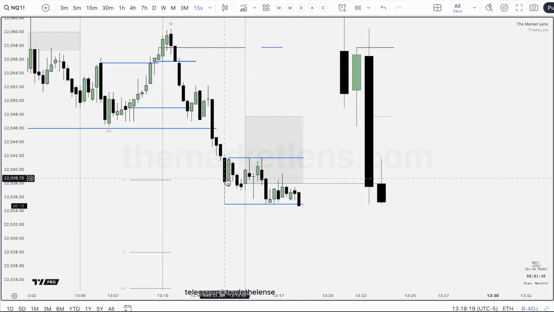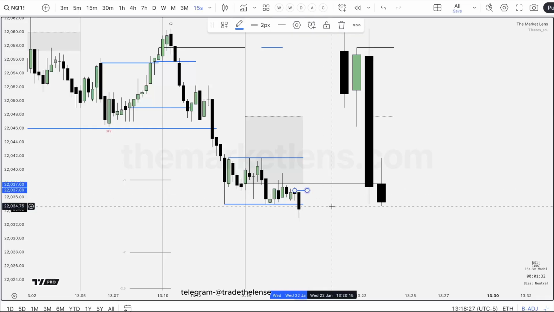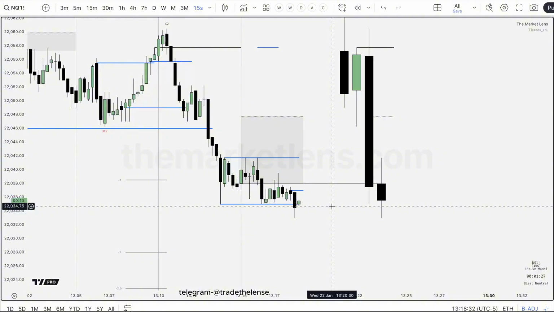We had a huge expansion here. Usually what follows there. Oh, let's see. Let's see if it waterfalls or if it comes back into this range.